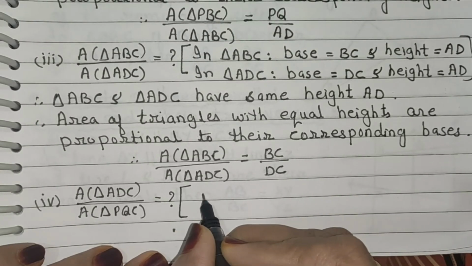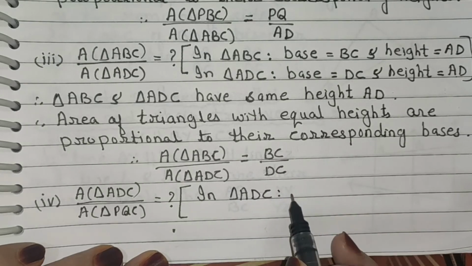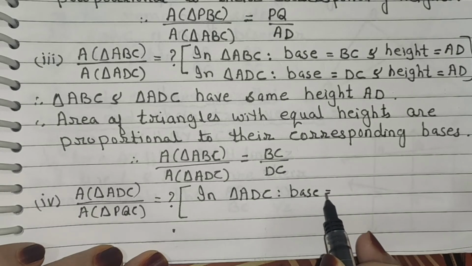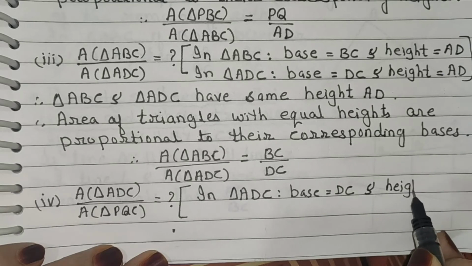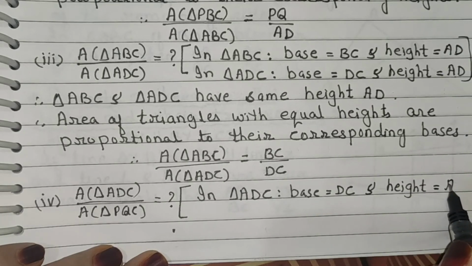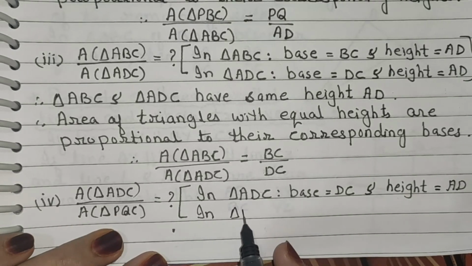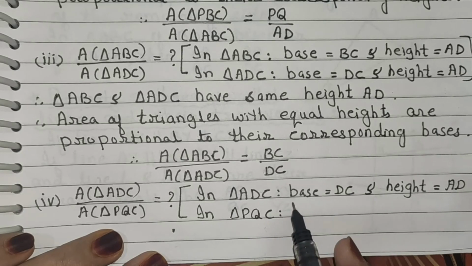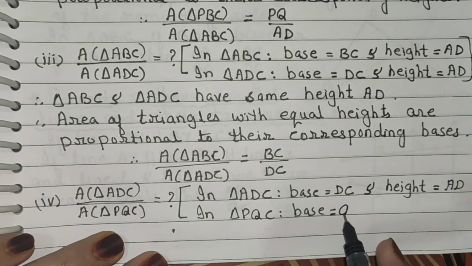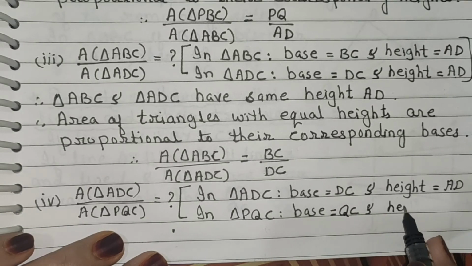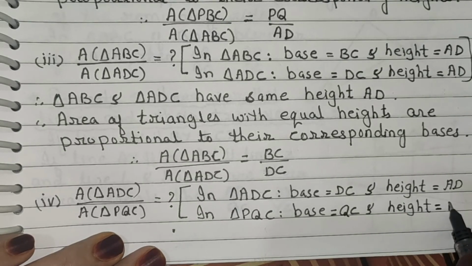Now write down here: in triangle ADC, base is equal to DC and height is equal to AD, and in second triangle PQC, base is equal to QC and height is equal to PQ.